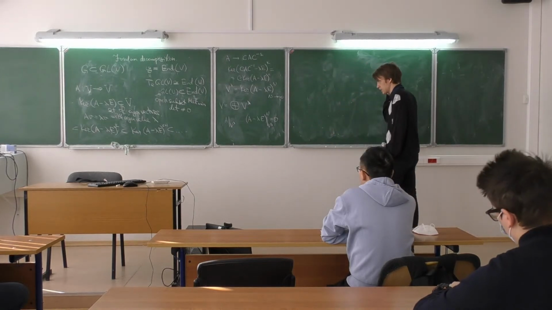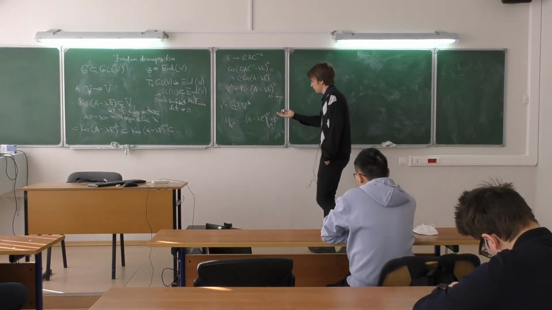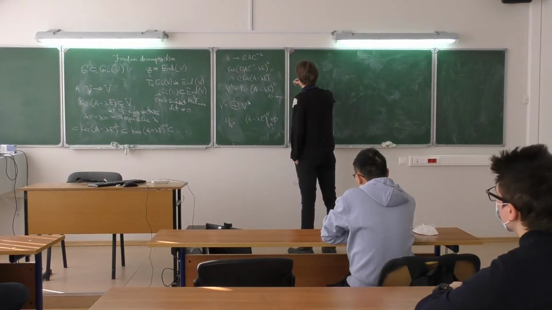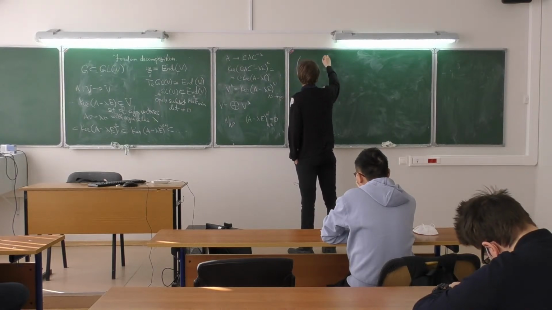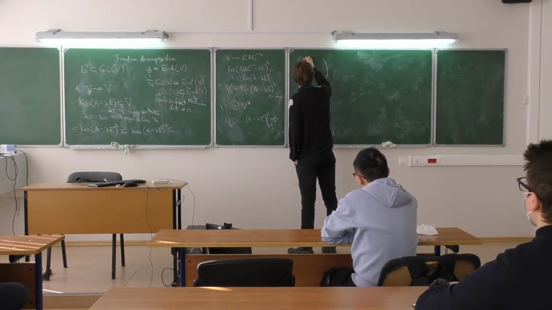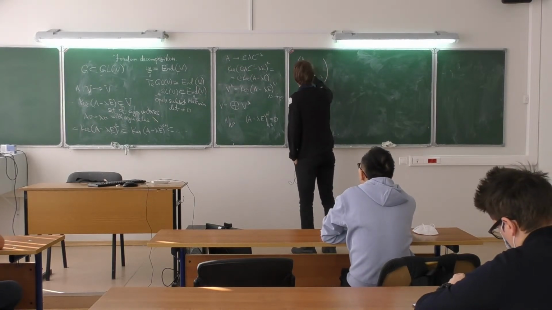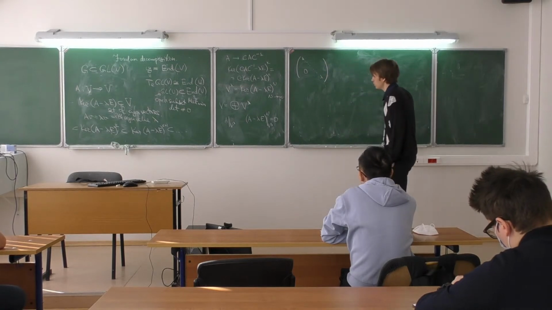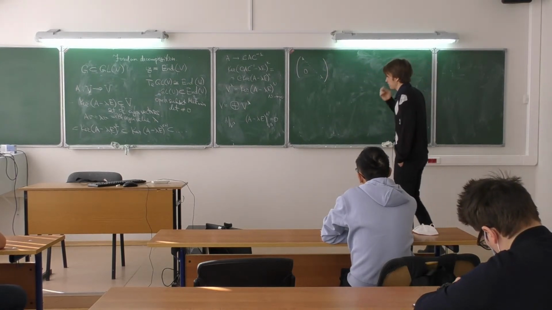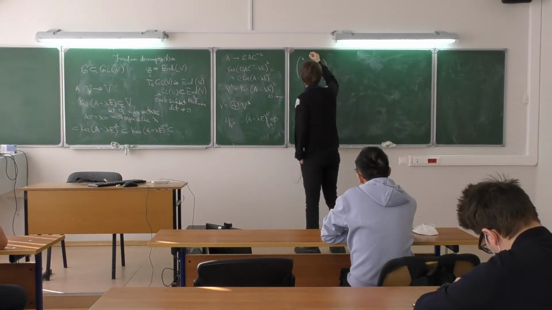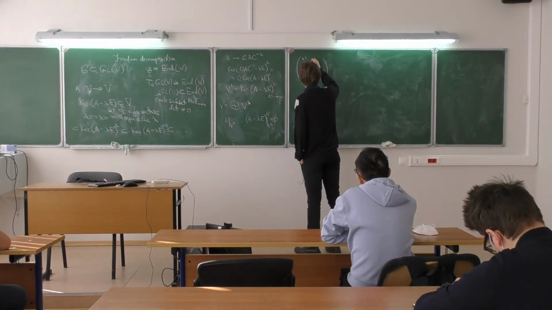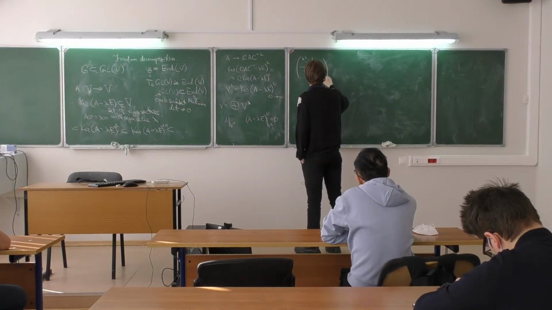In the end of the day, you are writing down the matrix in the form where on the diagonal you have lambda, and along the diagonal you have Jordan blocks where you have units in these blocks.